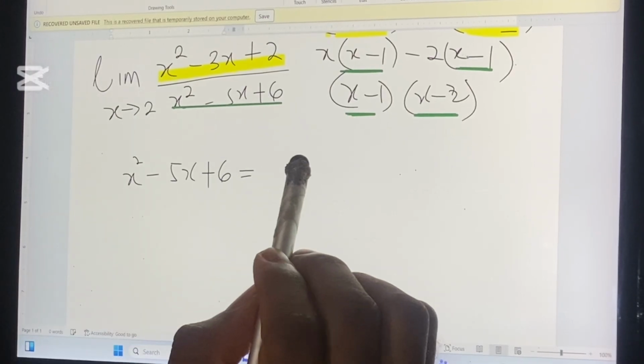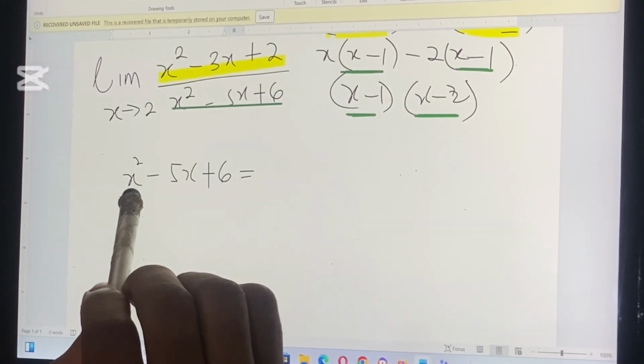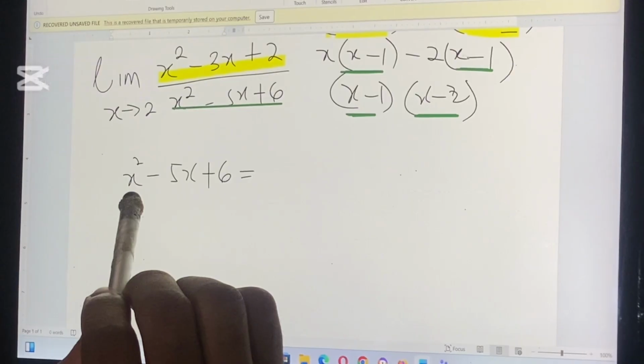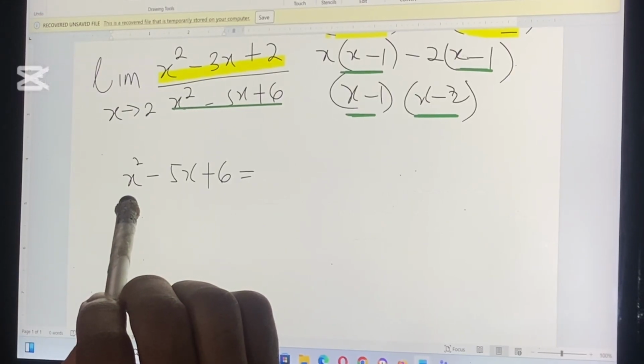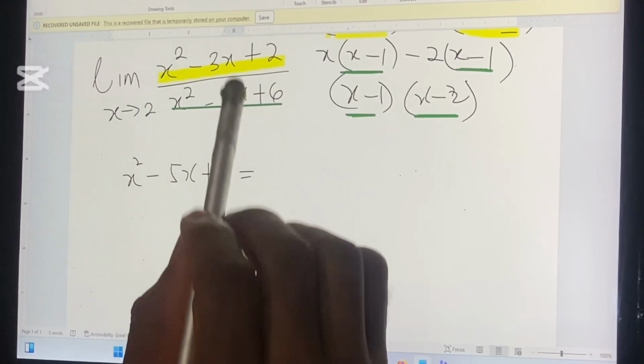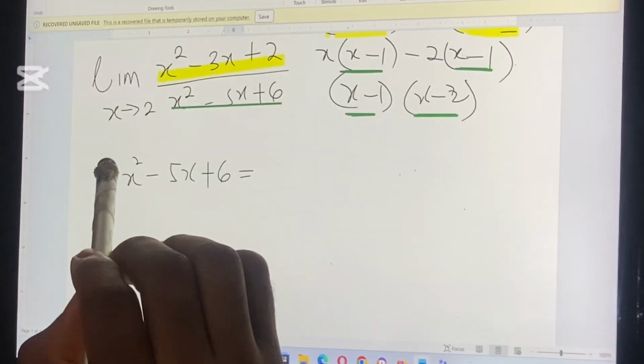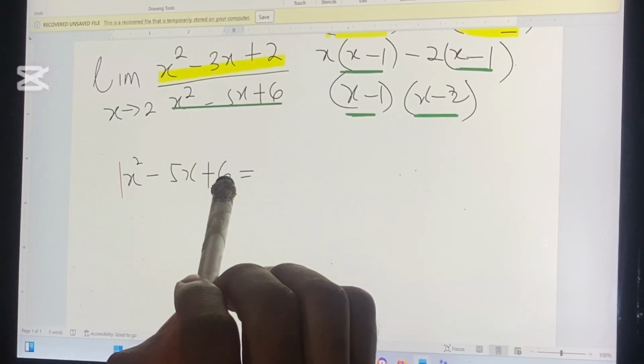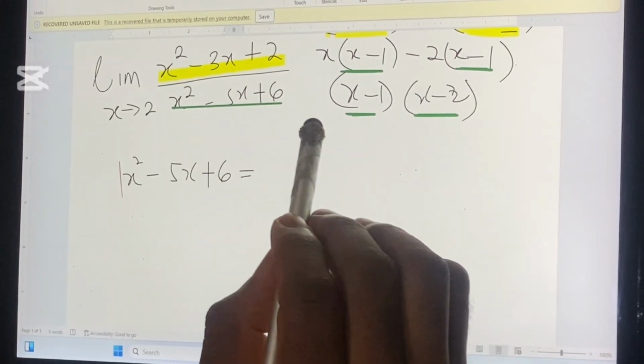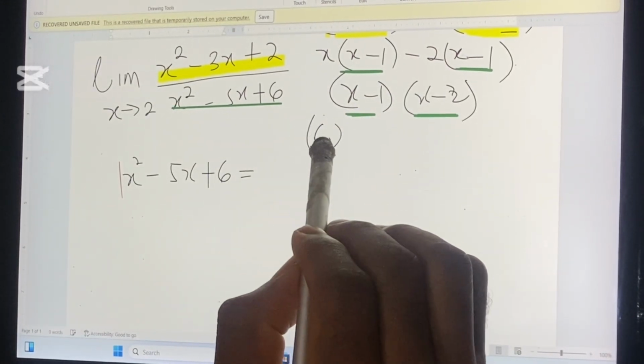So let's factor this out. This is a quadratic. So to factor this here, I have to look for the target factor. So I will take the coefficient of s squared and multiply it with the constant. Please take note. So the coefficient of s squared here is 1. So 1 multiplied by 6, I will have 6. So the target factor here is 6.